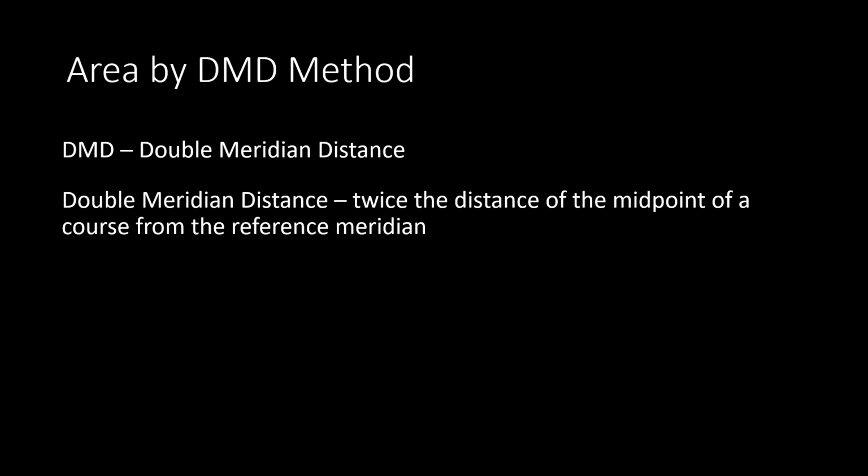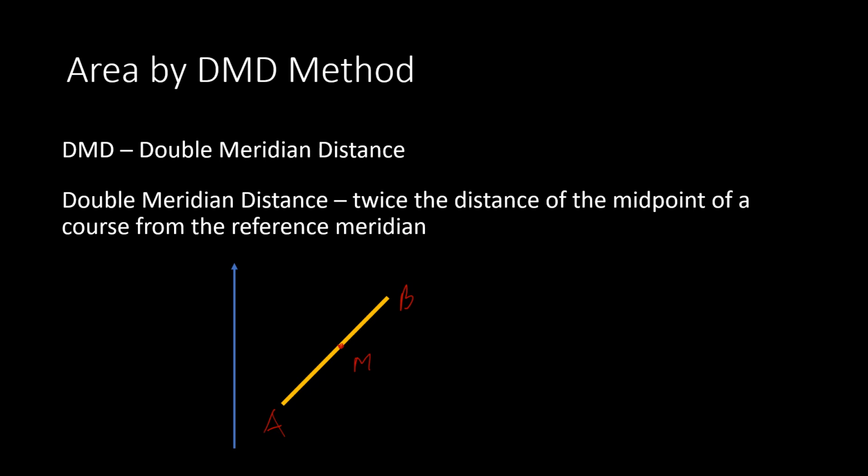So in other words, if you are given a course, let us call this AB, we locate its midpoint and we shall call it M. Next, say this is our reference meridian, and we project the midpoint M onto our reference meridian.